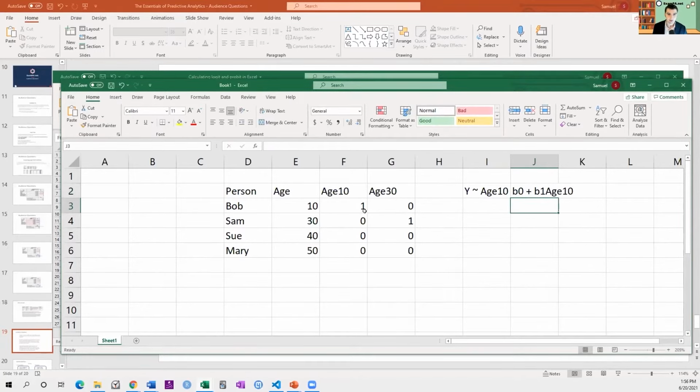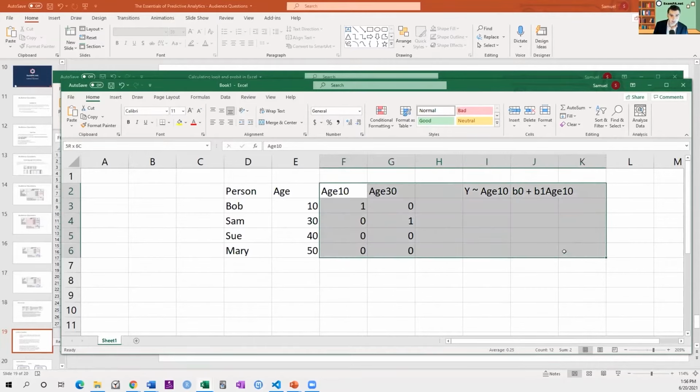So this will just be 0 or 1. If the base factor level for this age 10 value is 0, that would be people who aren't age 10, then this will not make an impact, except when the person is age 10, then there would be the coefficient added.